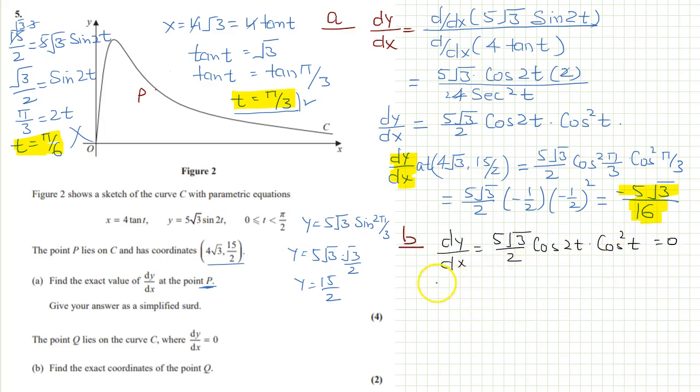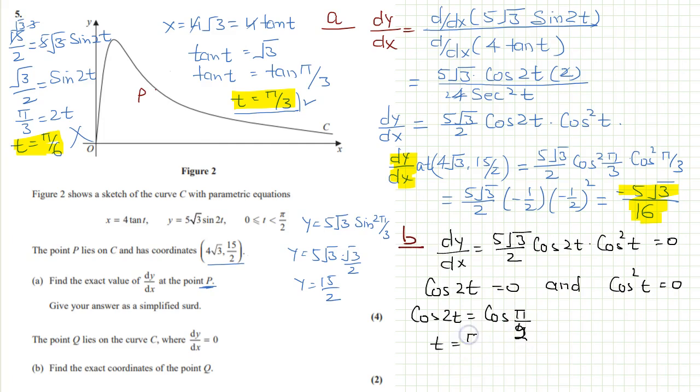So this means cos 2t is equal to 0 and cos square t is equal to 0. So cos 2t is equal to 0, which is cos pi over 2. So t will be pi over 4.